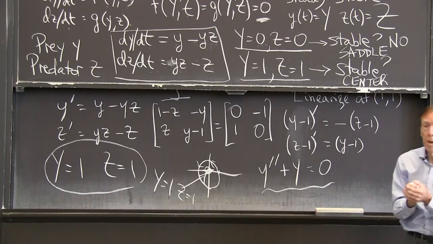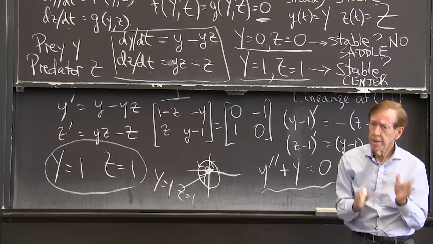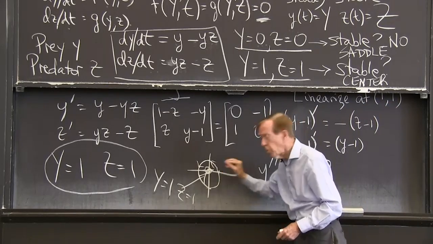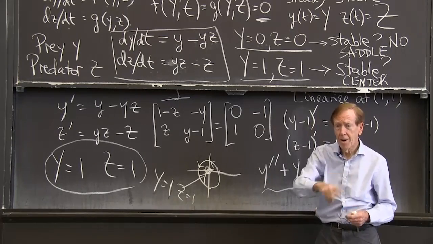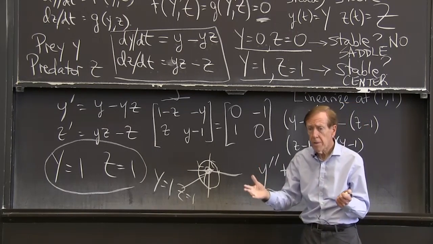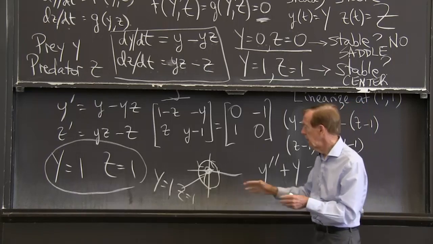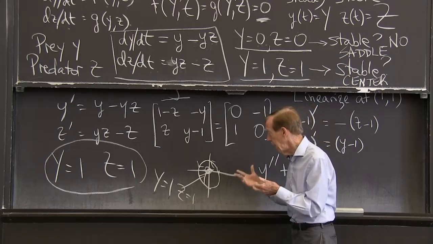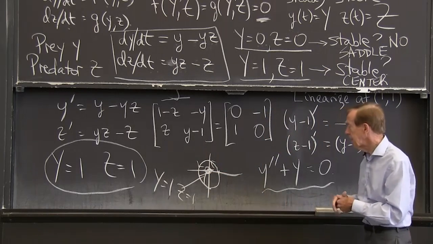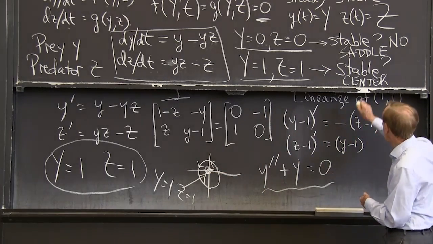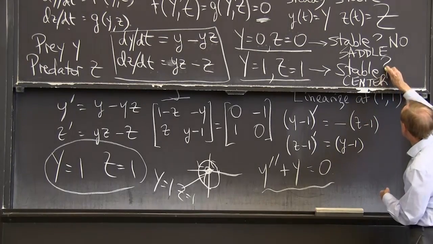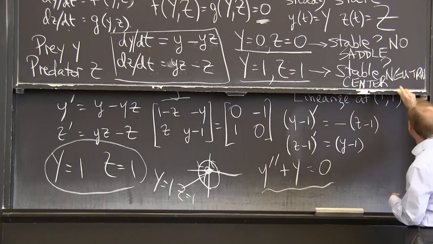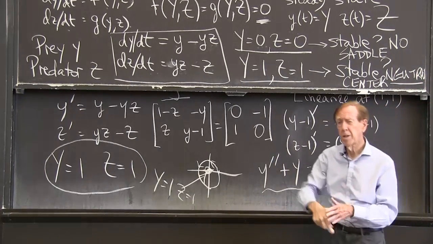Now, do I call a center stable? Not quite, because the rabbits and foxes don't approach 1. They stay on a circle around 1. Either I've got extra rabbits or extra foxes, but the total energy stays constant on that circle, and I would call that neutral stability, because it doesn't blow up.